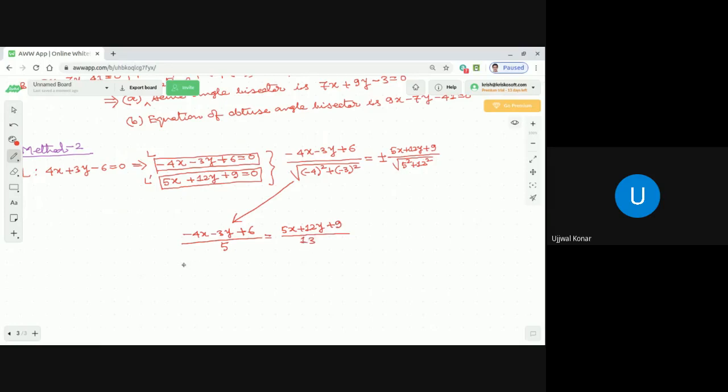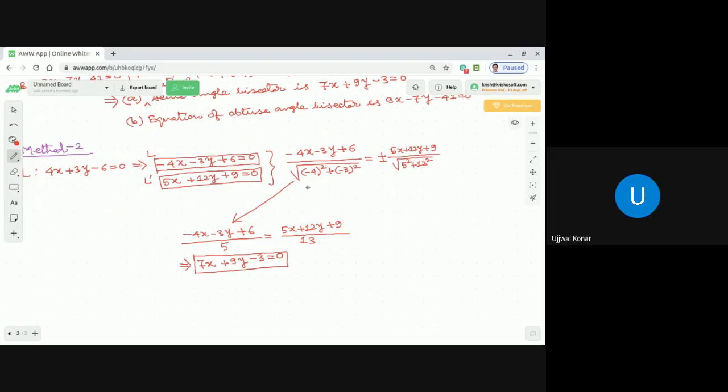If you simplify further, I'm not spending time in simplification, you will get 7x plus 9y minus 3 is equal to 0. This is one bisector we get.